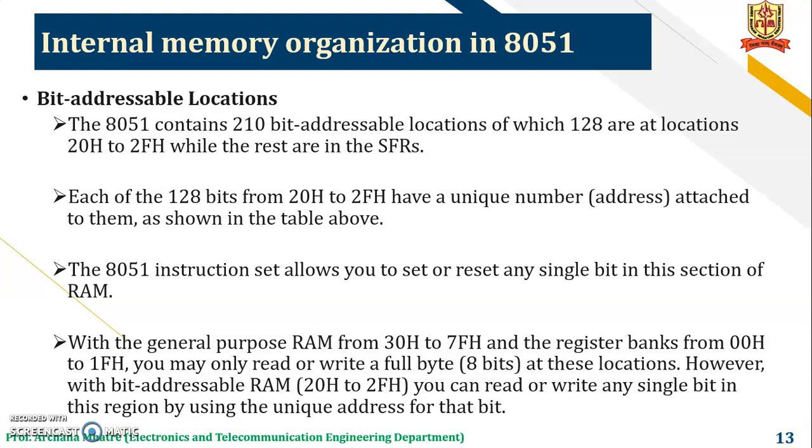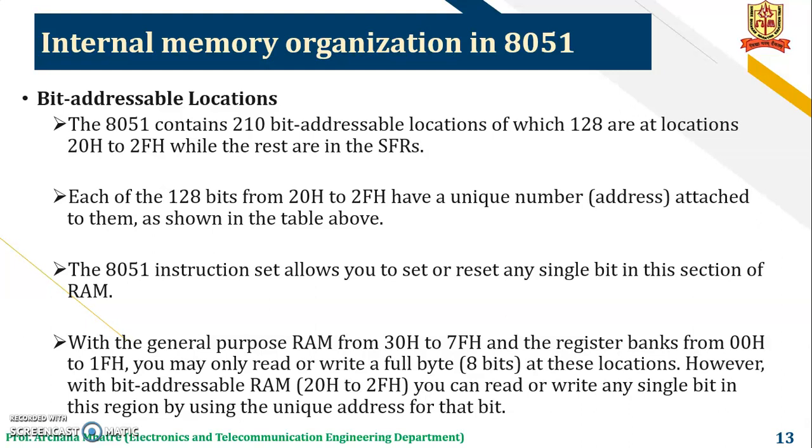The 8051 instruction set allows you to set or reset a single bit in this section of RAM. As it is bit addressable, the programmer will set or reset a particular bit.